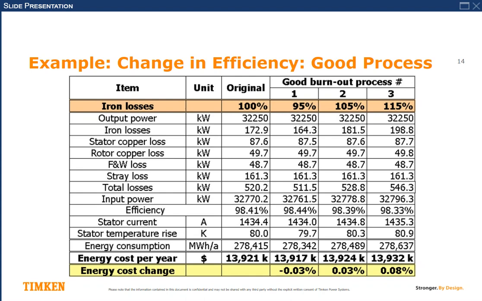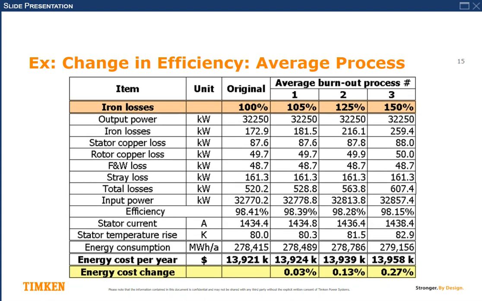Now, there's the Arrhenius curve used by many that says that with every 10 degrees increase in temperature, the life halves. As you can see, between the original machine and rewind number 3, the change is ever so slight. You won't even see it. And even when we look at the energy cost-wise, it's very, very small. You can see in this case, 3 rewinds is no problem at all.